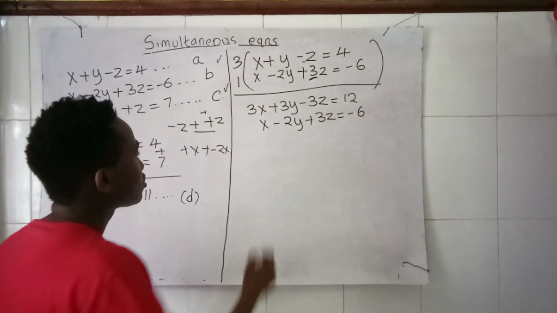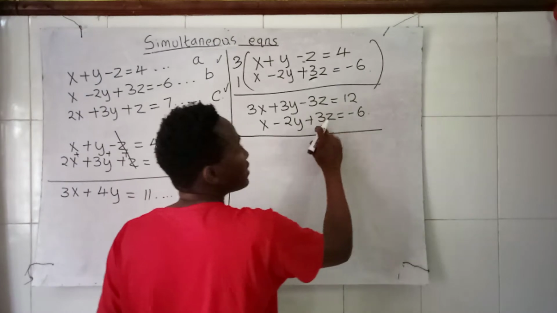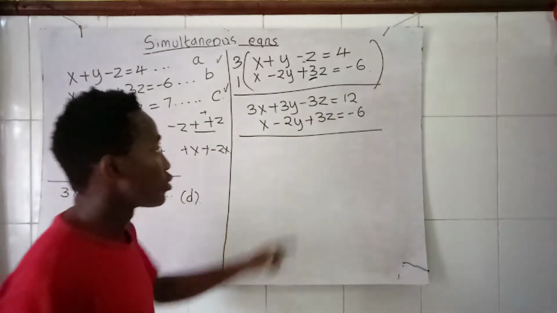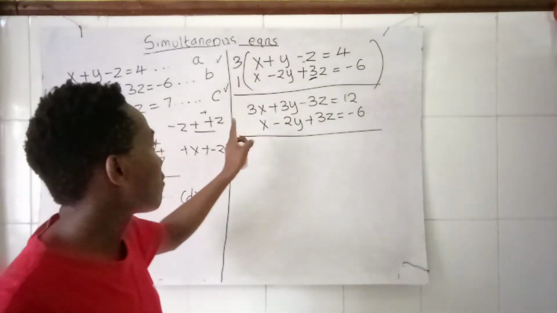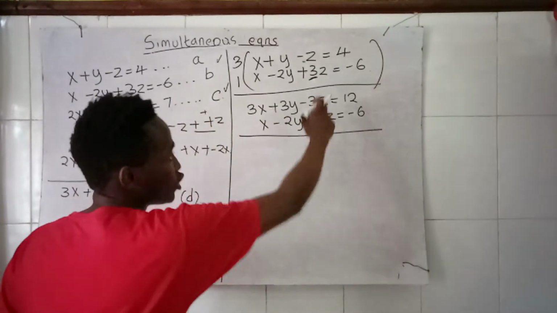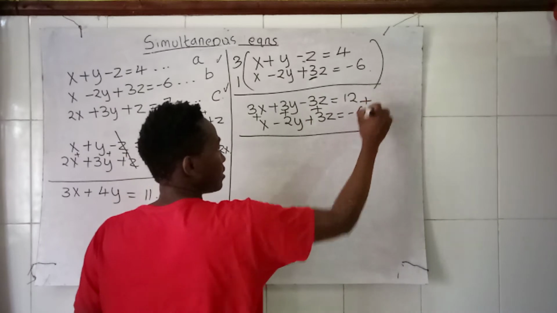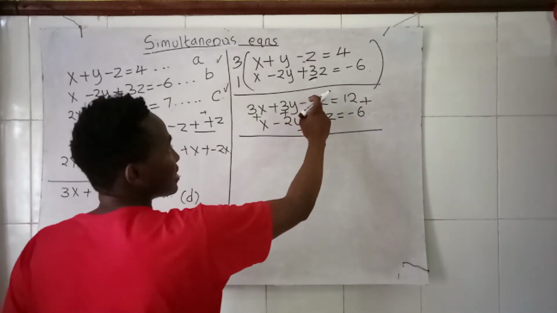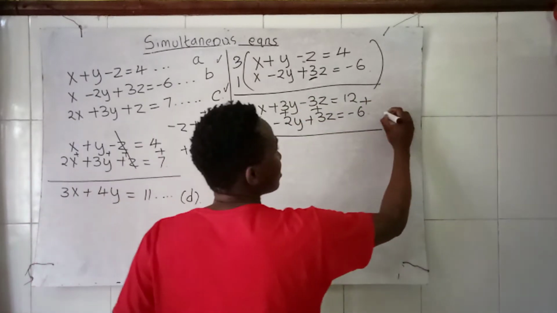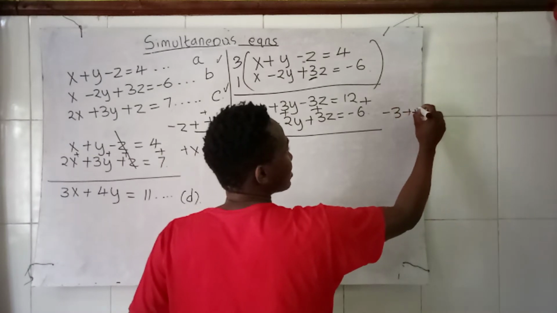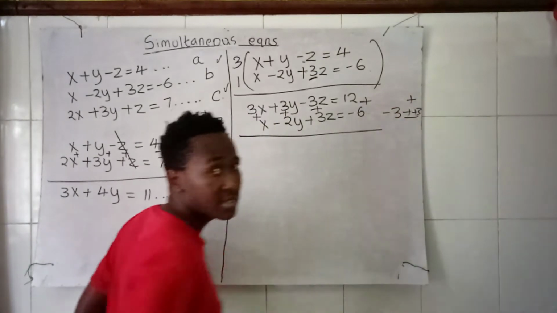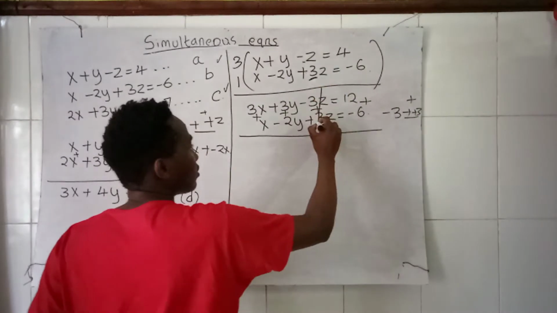So with that, I can now eliminate the z. So what am I going to do? I am going to add through ndio nitoe z. So minus 3z plus 3z, 0. Eliminate that.